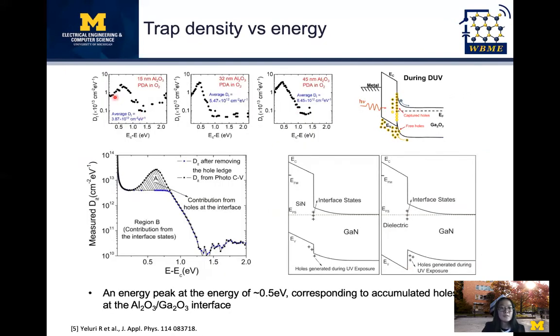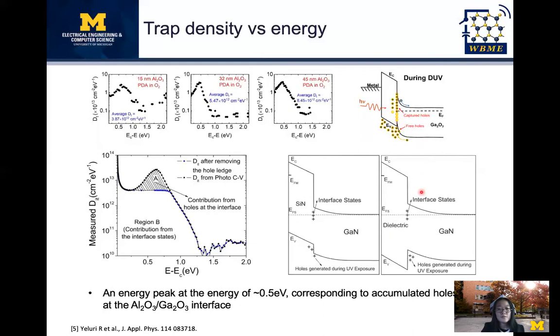As you can observe, there is an energy peak around 0.5 electron volt. This can be attributed to the energy band barrier shown here at the interface between the aluminum oxide and gallium oxide. This band barrier can accumulate the generated holes.